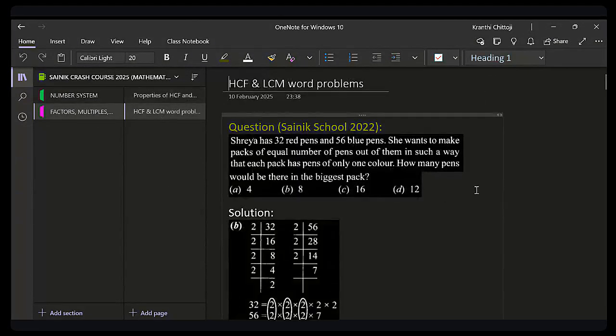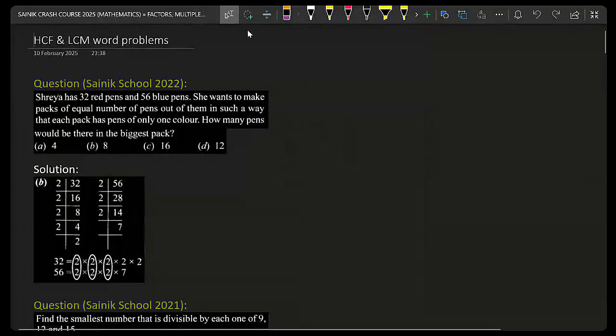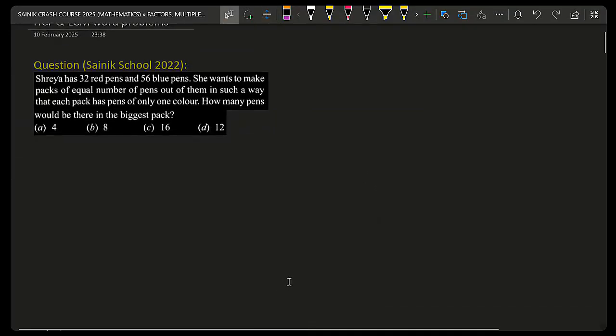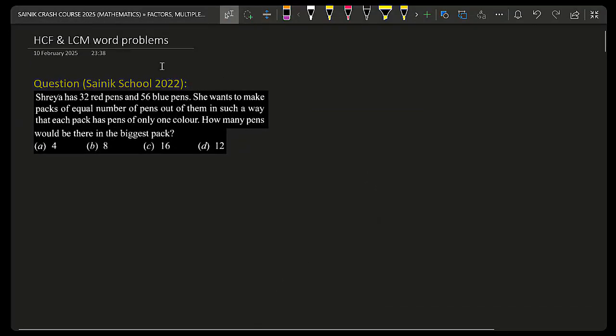So there are some word problems waiting for you involving all the properties that we discussed for LCM and HCF. This is the first question that you have to solve. This question came in Sainik School Exam 2022. I'll read the question. Shreya has 32 red pens and 56 blue pens.